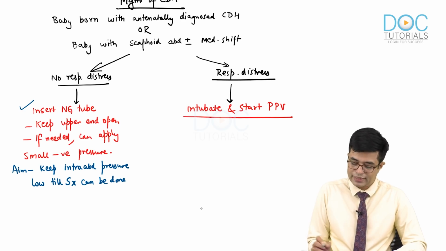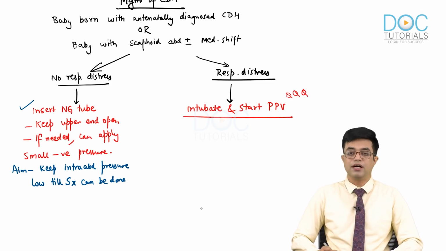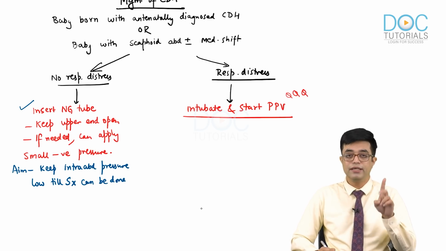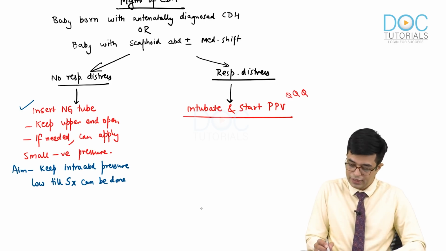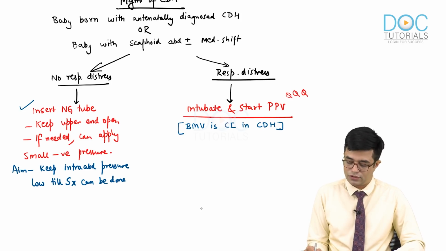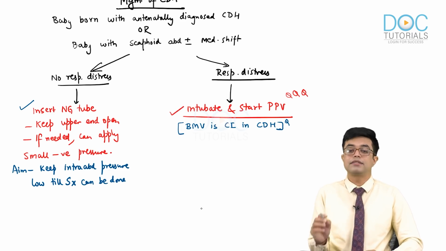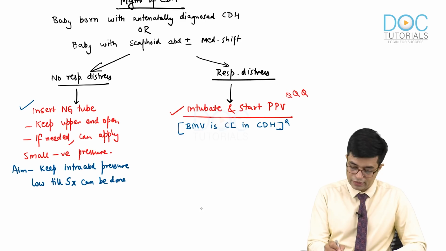Three MCQs on this have been asked in the past, including one in NEET and two in the AIIMS entrance exam. I hope you already know that bag and mask ventilation is contraindicated in patients with congenital diaphragmatic hernia. This is also another MCQ.